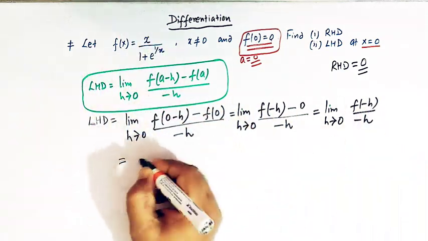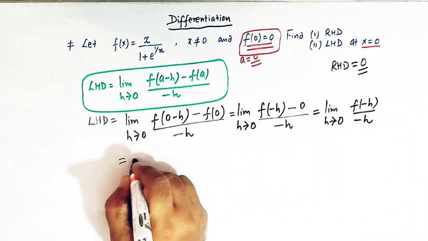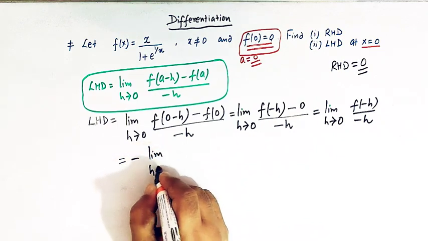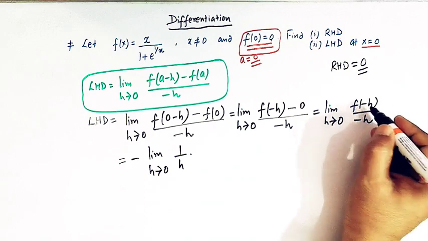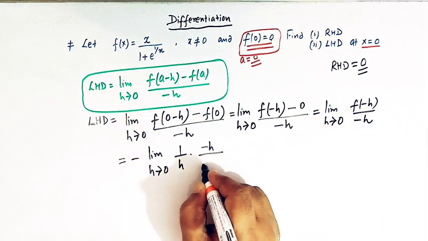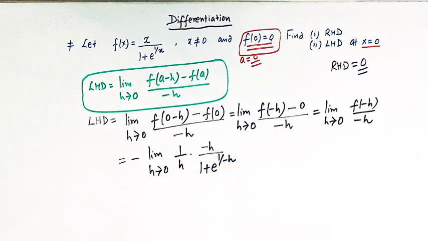So we can take this negative sign outside the limit notation. We have limit h tends to 0, 1 over h, and f of minus h can be written as minus h divided by 1 plus e raised to 1 over minus h, right?